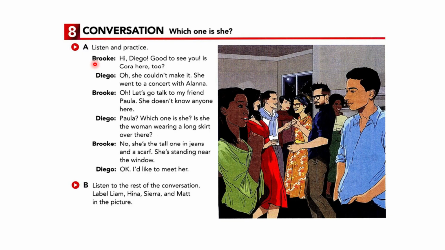Hi Diego. Good to see you. Is Cora here too? Oh, she couldn't make it. She went to a concert with Alana. Oh, let's go talk to my friend Paula. She doesn't know anyone here.